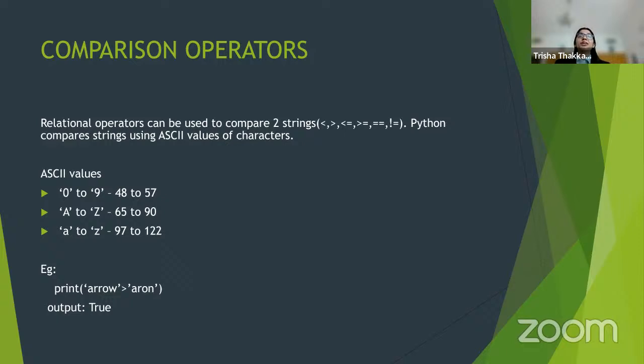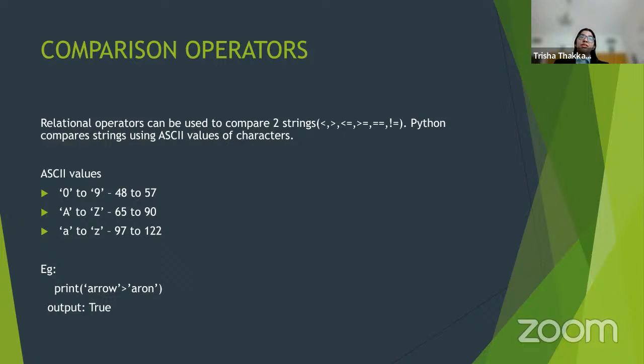This means the ASCII value of 0 is 48, the ASCII value of 1 is 49, and so on. The values of capital A to capital Z are 65 to 90, and the values of lowercase a to z is 97 to 122.